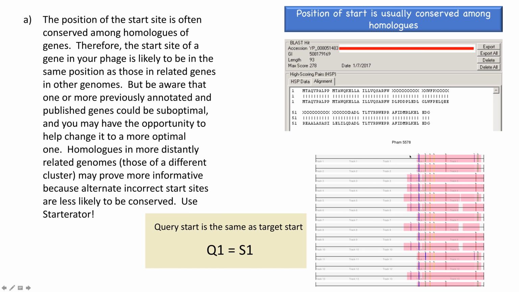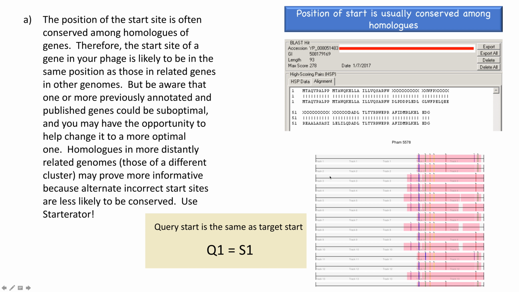Another way that we can check to see whether all the homologs of this particular protein sequence are shared is through something called Starterator, which is part of a program called Pecan that you guys are going to learn about in a couple of videos. So each one of these pink tracks shows a homolog of the protein that we're looking at.